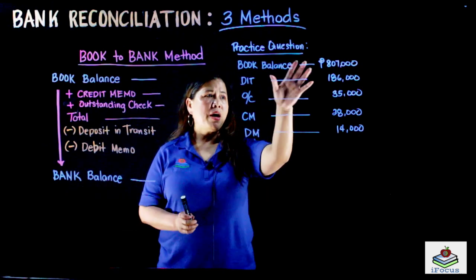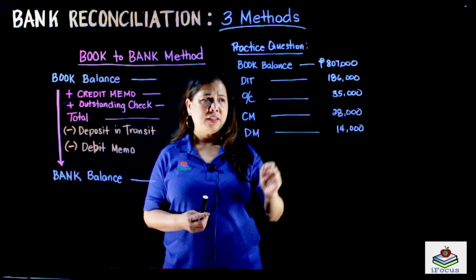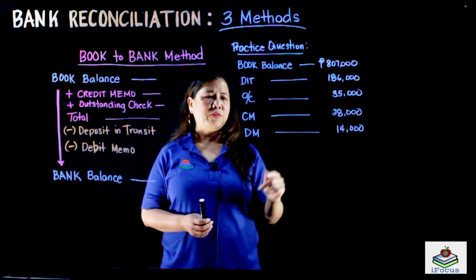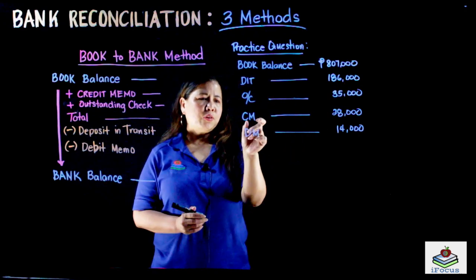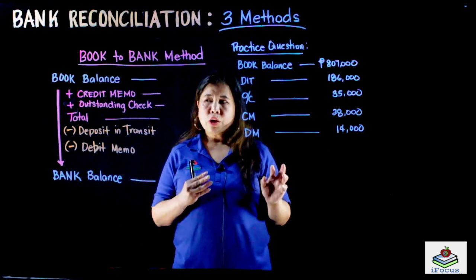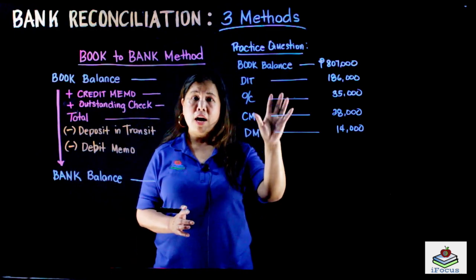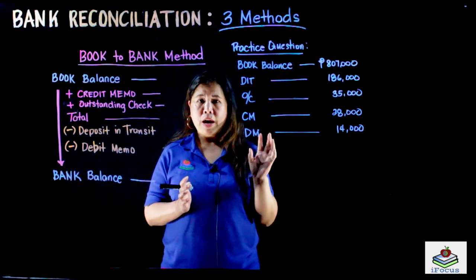So, we have a book balance of 807,000, deposit in transit of 186,000, outstanding check of 35,000, credit memo of 28,000, and a debit memo of 14,000. So, madali lang natin itong gagawin dahil kumpleto ang ating mga informations or mga amounts natin.